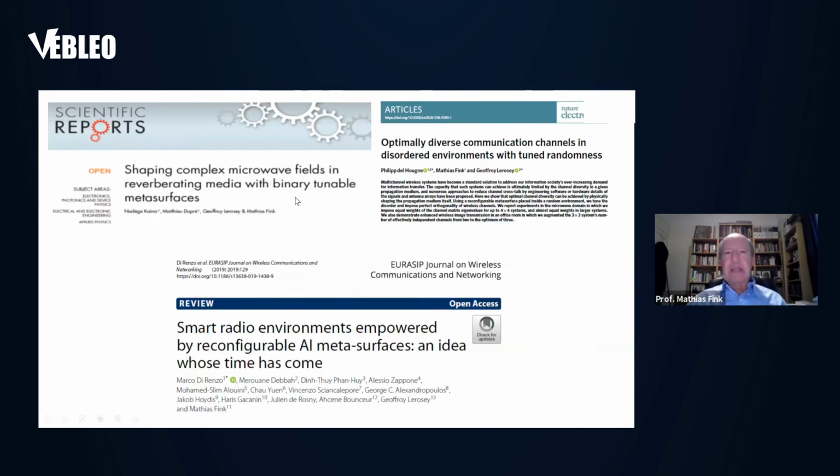And in fact, we began to work on this in 93, 94, when we published the first paper to explain this concept. Nobody was interested in this shaping of complex microwaves with binary tunable metasurfaces. When we published in 1999 that this worked for multiple channels, and we published afterwards a general paper that said this idea is ready to come, suddenly people were interested in this.